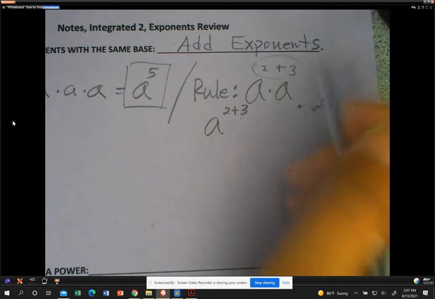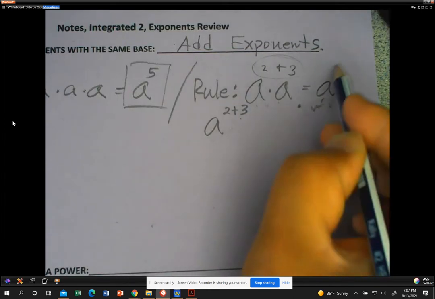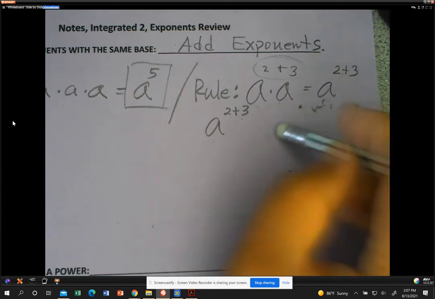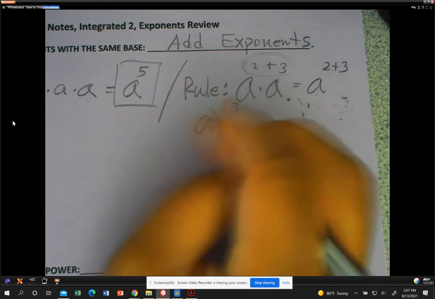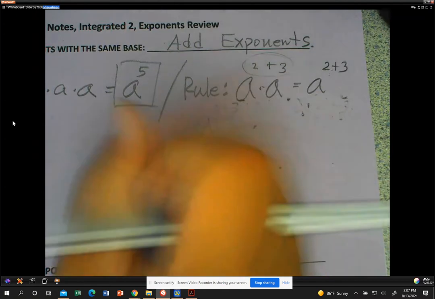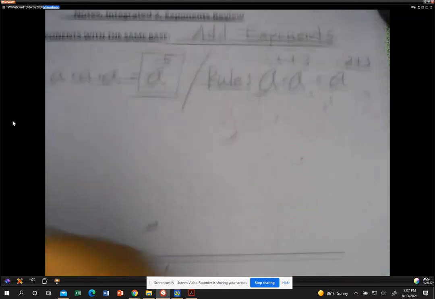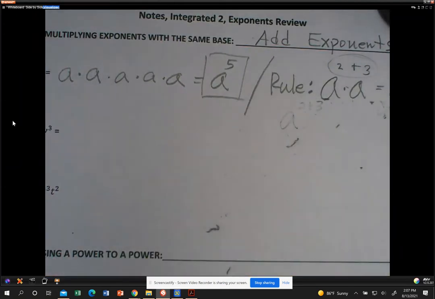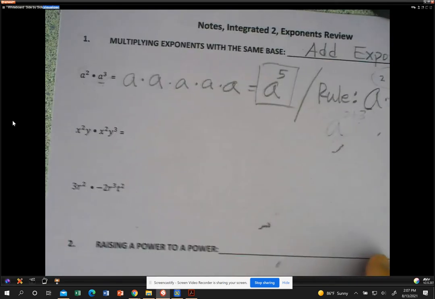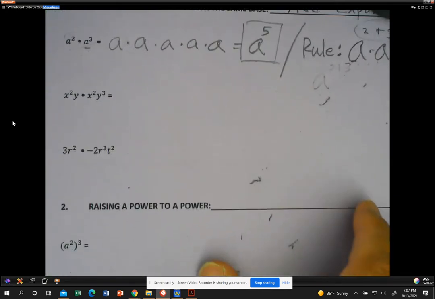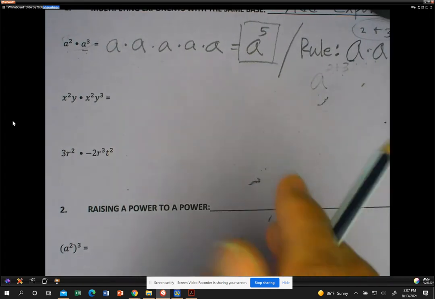All right, we're going to move on to the next line, our second example. You guys can see it okay?